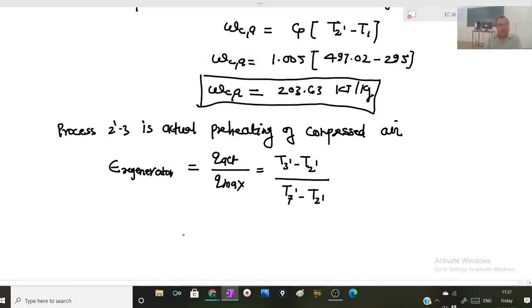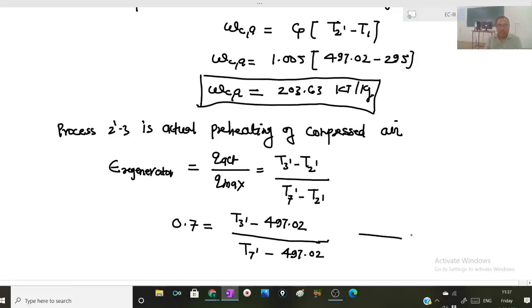Okay, so T3 dash is not known to me, T2 dash is known to me, T7 dash is not known to me. However, effectiveness is given to me. So T3 dash minus T2 dash is 497.02 over T7 dash minus 497.02.